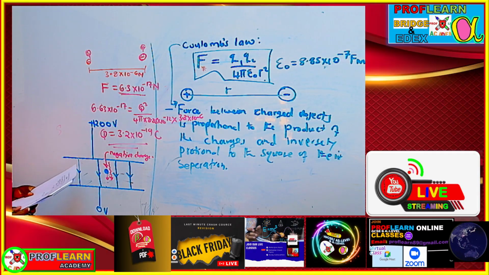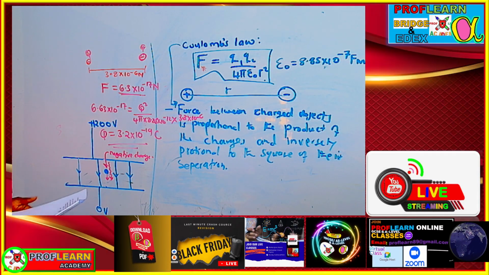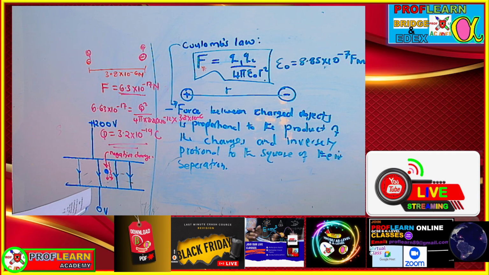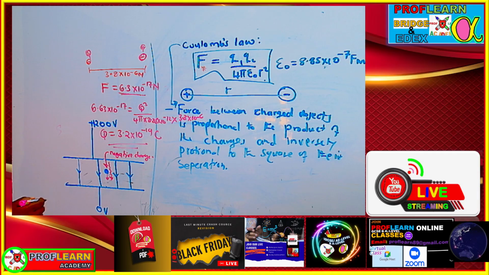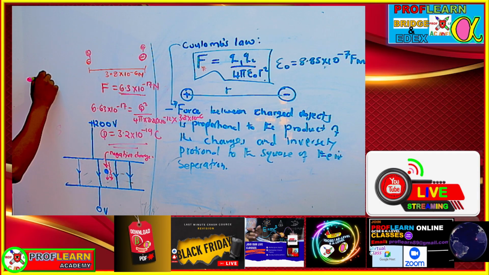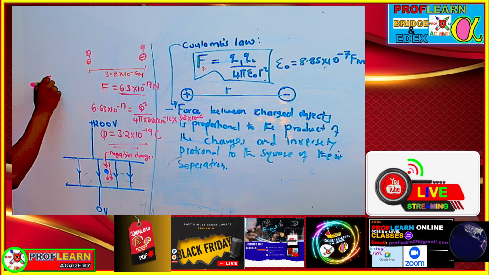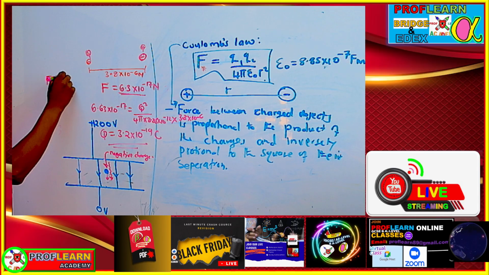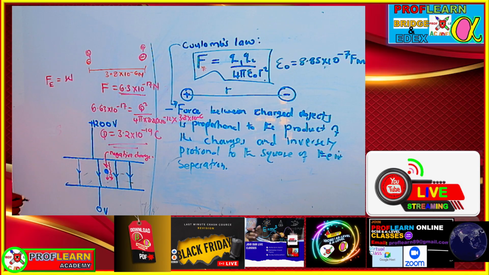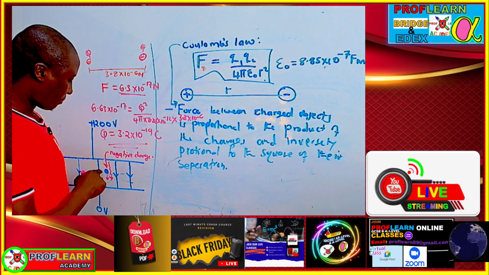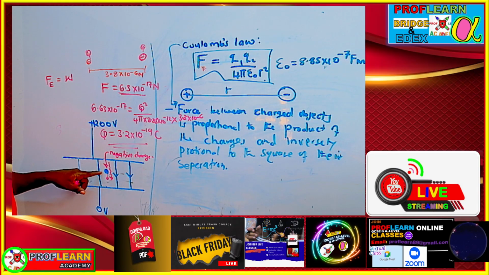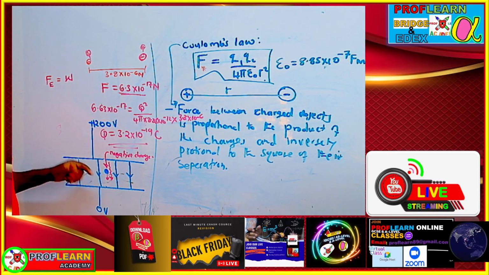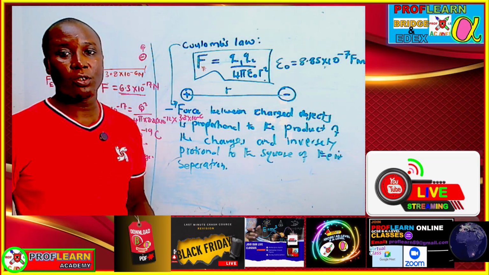The next question is to determine the mass of this oil drop. Something we need to appreciate here is that the electric force experienced by the oil drop is equal to the weight of the oil drop.